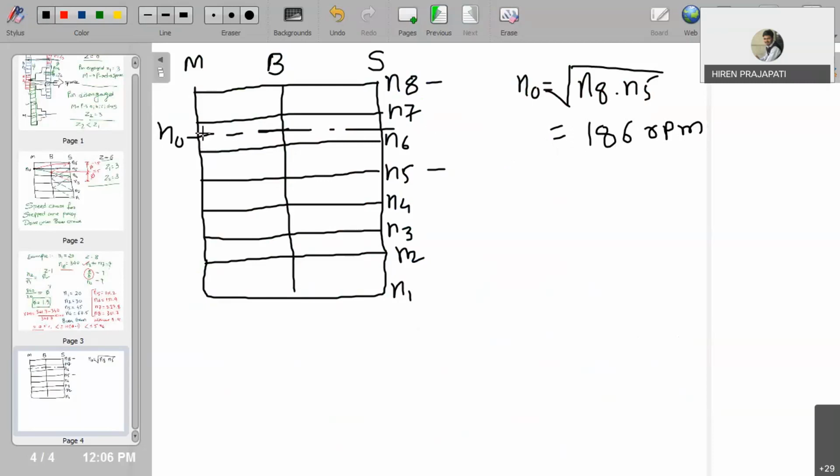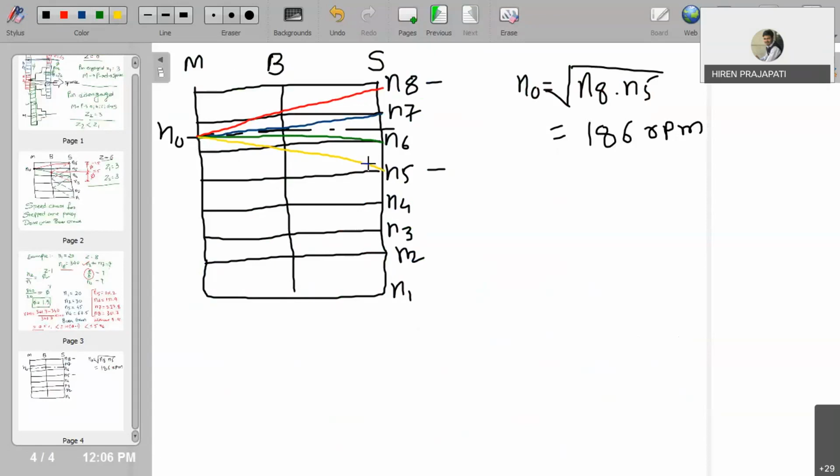Now from this, we can say gear ratios for belt drive, for 4 different RPMs. So N0 to N8, N0 to N7, N0 to N6, N0 to N5, right?